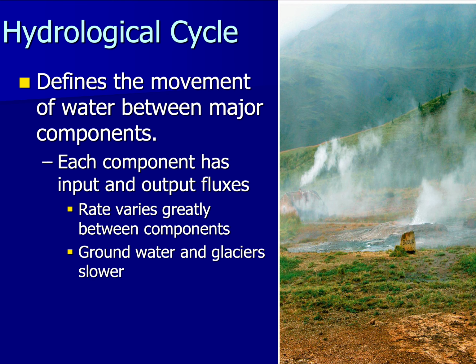So when we think of the atmosphere as a component of holding water, different locations are going to have different holding capacities based on what the temperature is like. If the atmosphere is expansive enough that it can hold a lot of water, it will. If it's cool and it can't, it won't hold as much.